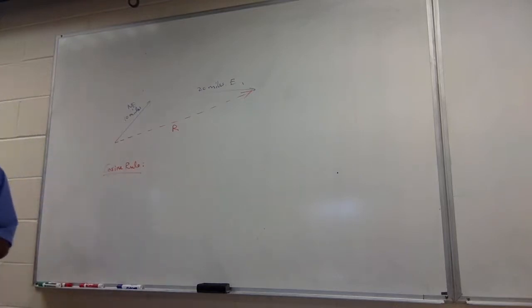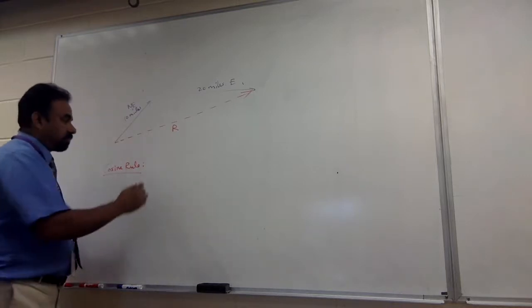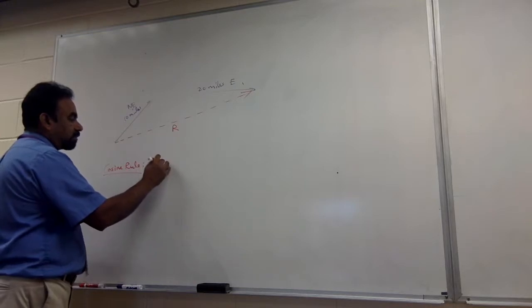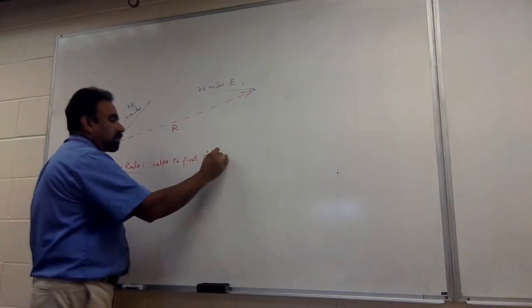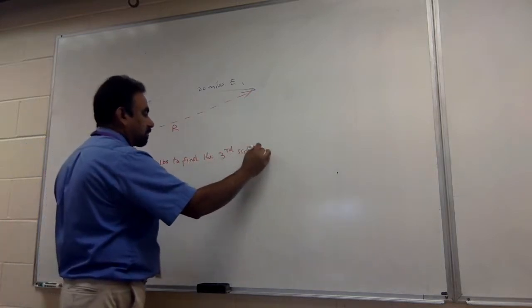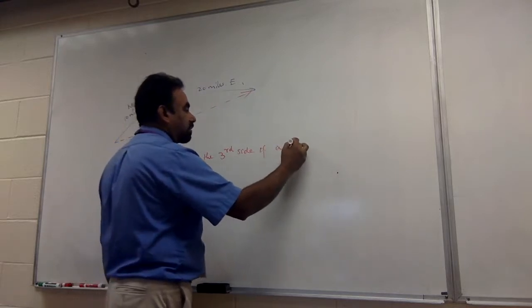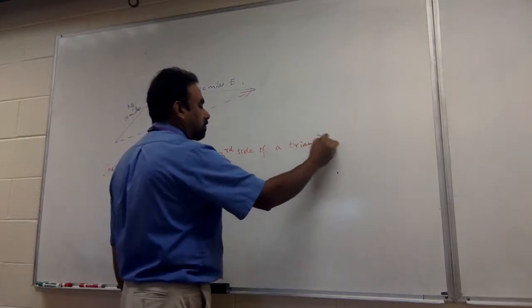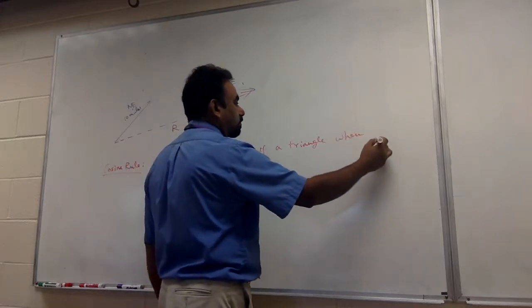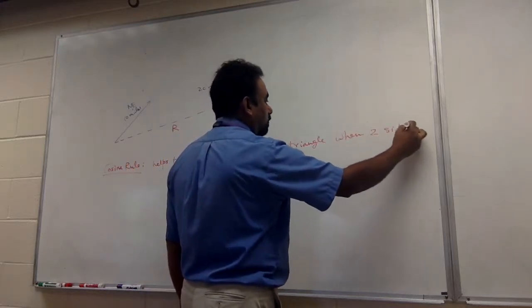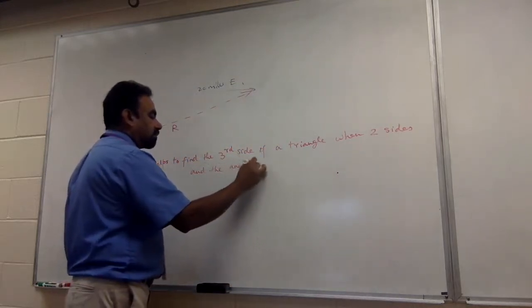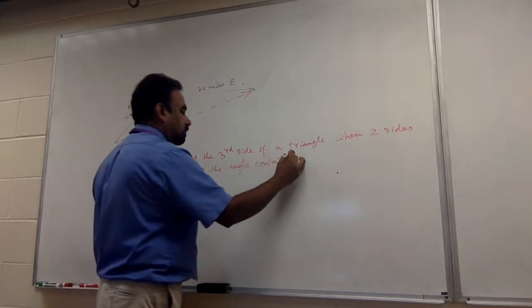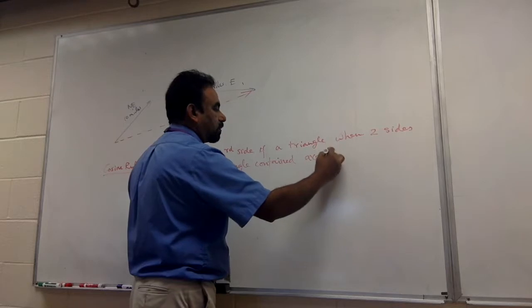And what is the cosine rule supposed to help you with? The cosine rule helps to find the third side of a triangle when two sides and the angle contained are known.